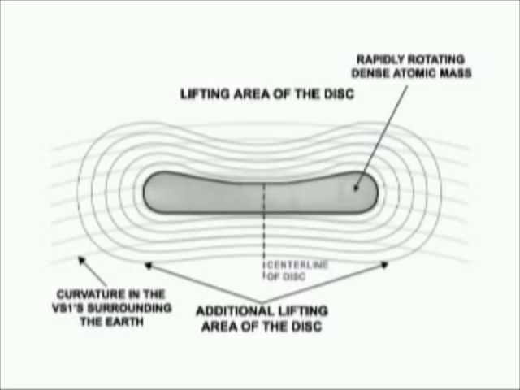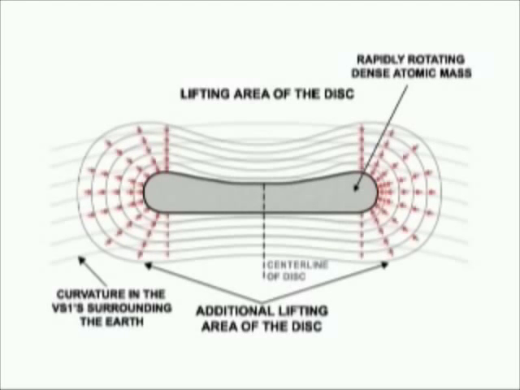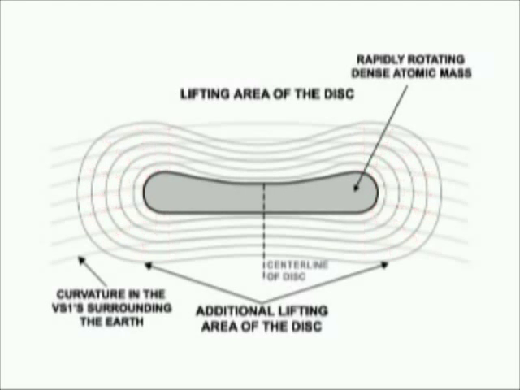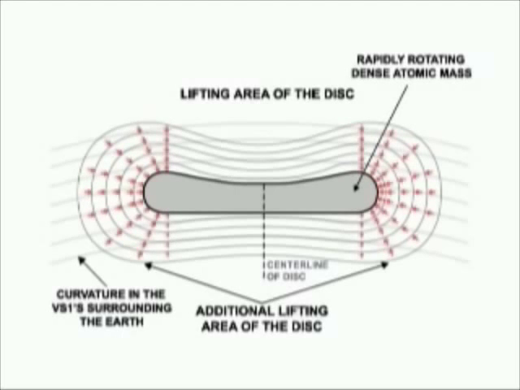In this diagram, there is more atom mass in the rim of the disk that is revolving at the highest velocity, and as a result creates very strong vector lines of force in the VS1s. That is to say, there are more VS1s rebounding along the vector lines than rebounding randomly.